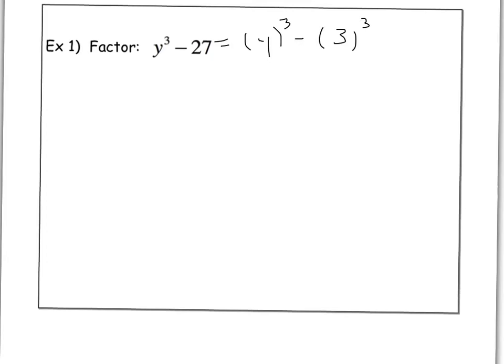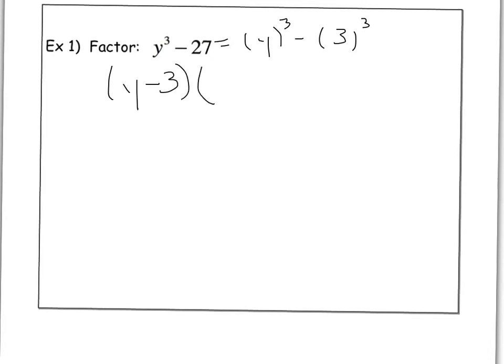All right, and then let's just use that pattern. So notice we have y cubed minus 3 cubed, so our first term in our binomial is just y, and then the sign is the same here, because if this is a minus, then this is a minus, so that's just y minus 3, right?